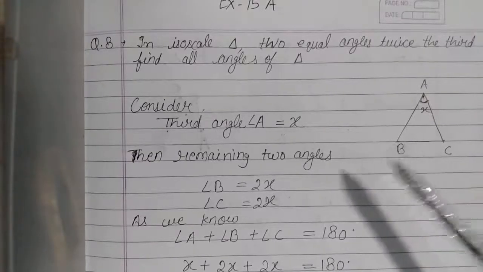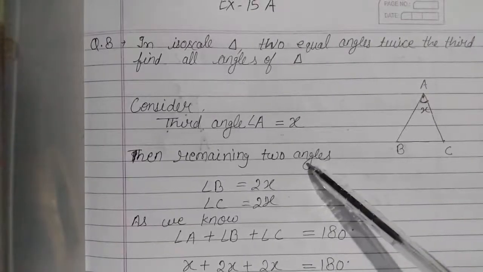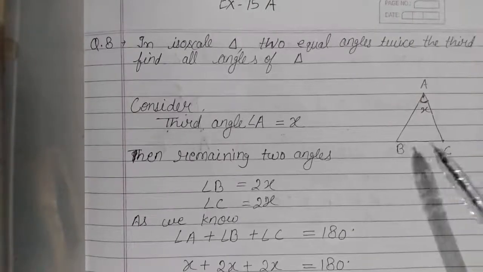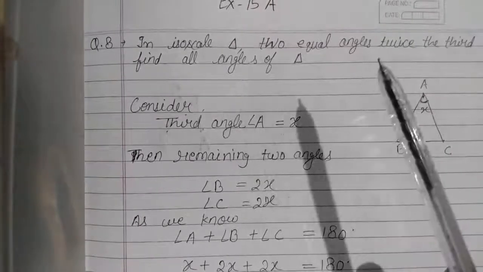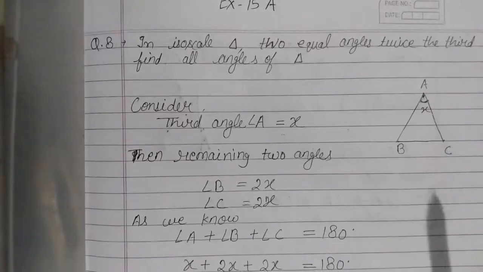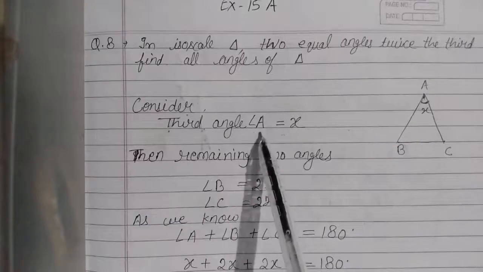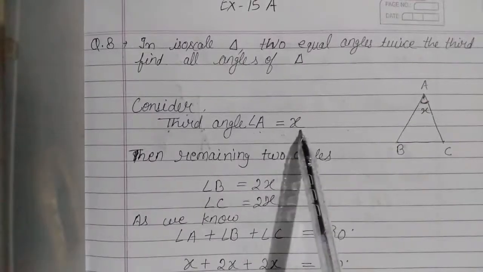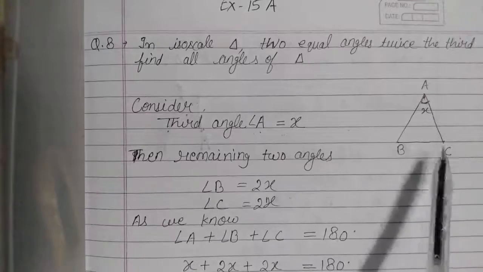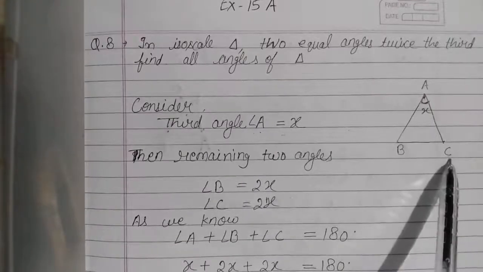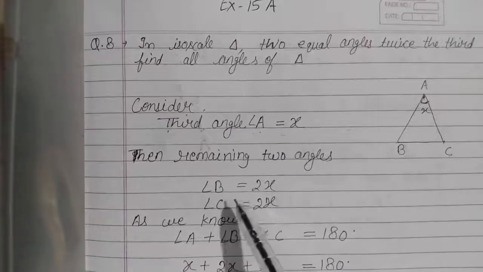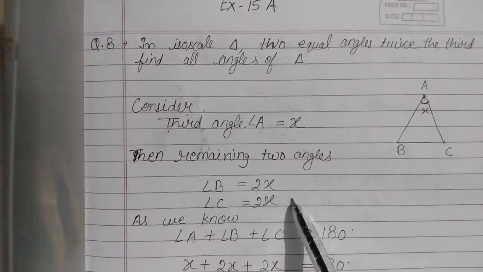It is given that the remaining two angles are twice the third angle. That means angle A is equal to x, and the remaining two angles, B and C, are twice of this. So angle B is equal to 2x and angle C is also equal to 2x.